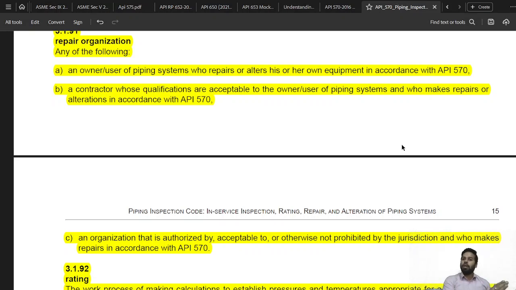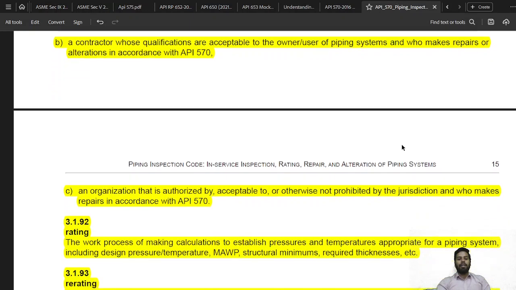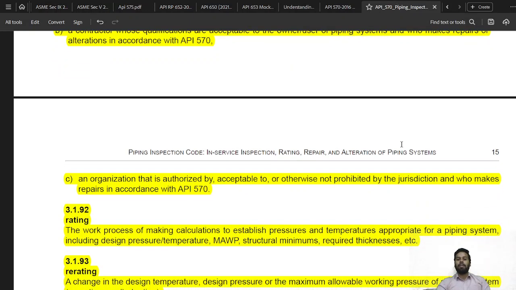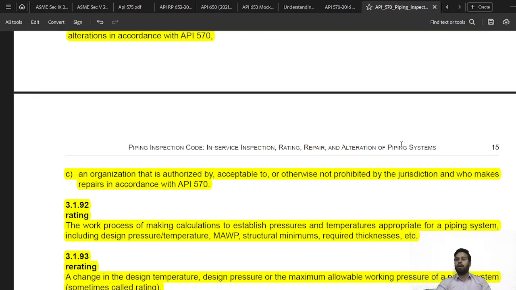That means an owner can hire a different organization to do the repair activities, but the owner should accept the other organization. Or an organization that is authorized by, or acceptable and otherwise not prohibited by, the jurisdiction and who makes the repairs in accordance with 570. Any of these is considered to be a repair organization.